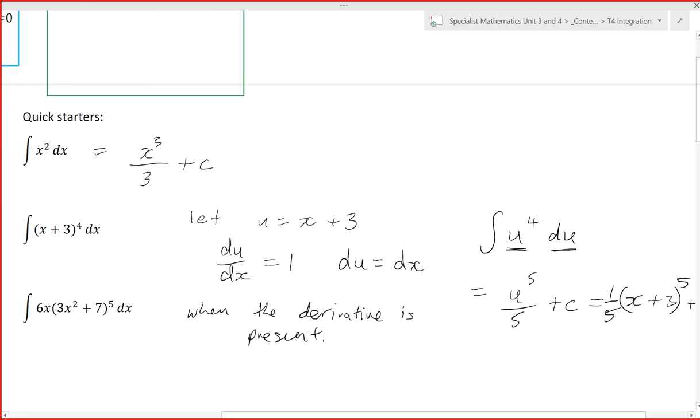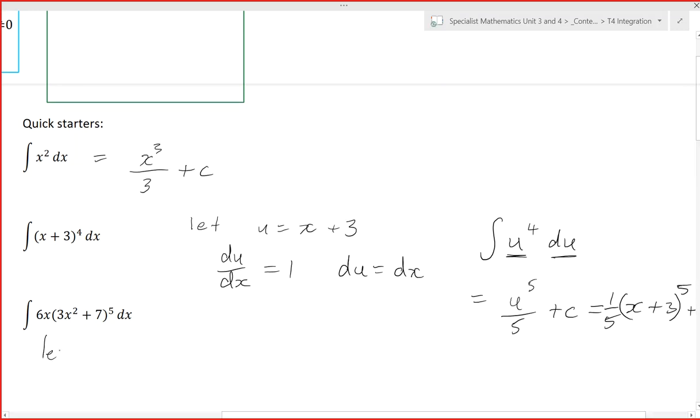So you can see the function inside the brackets, which is to a power. Is the derivative of that present? And if so, what is the derivative of that? U equal to the stuff inside the brackets. So that's step 1.